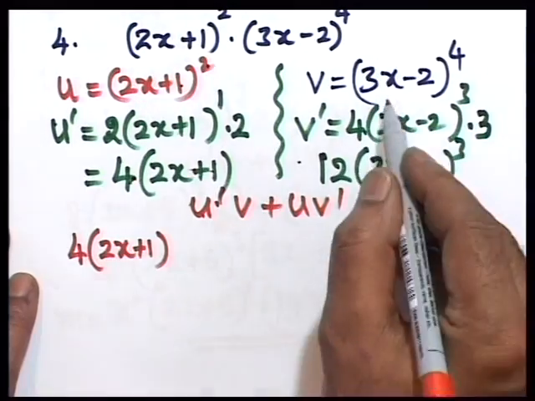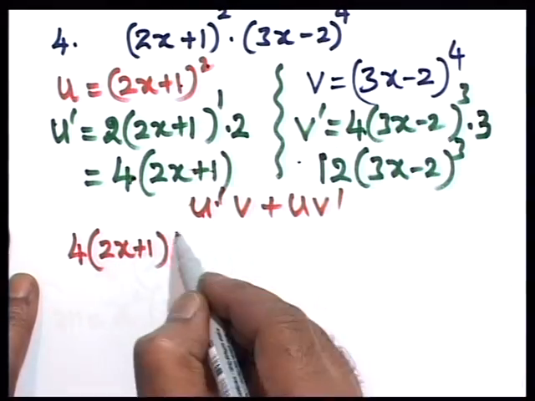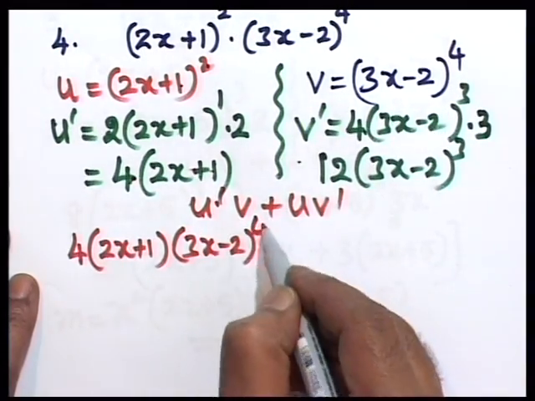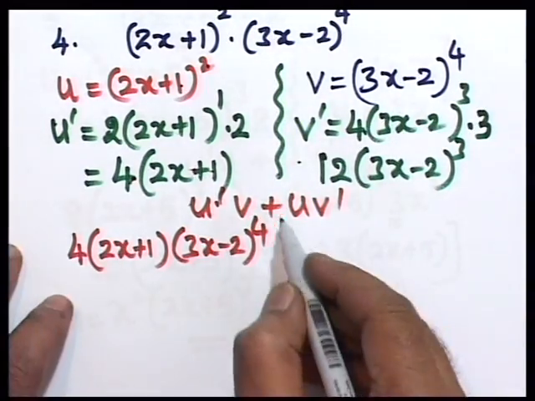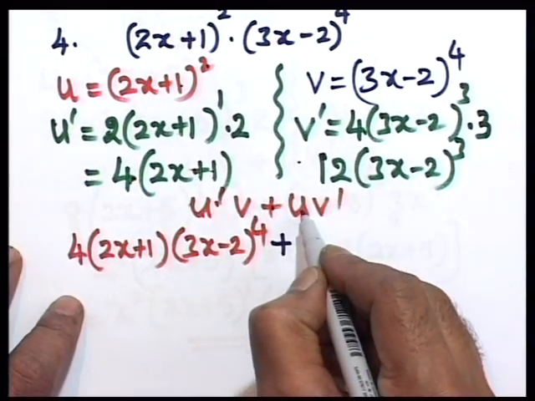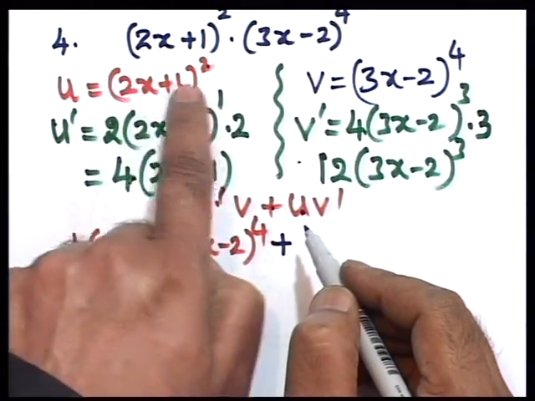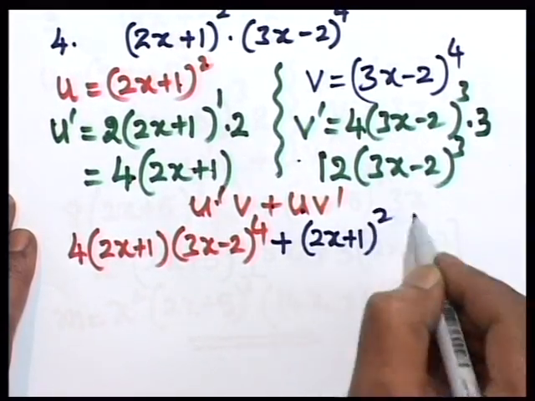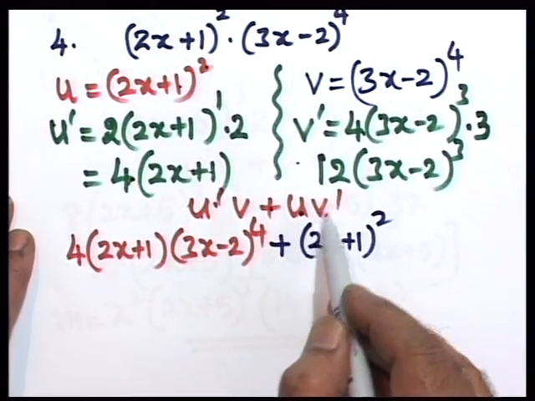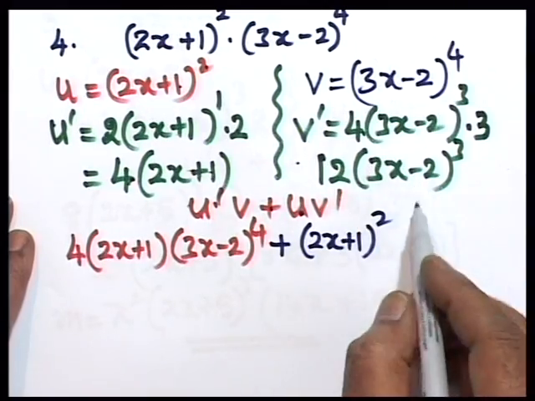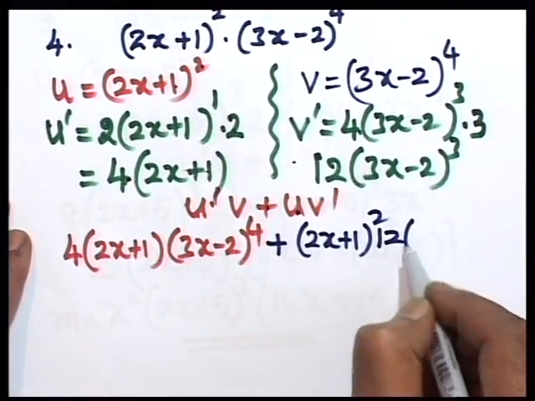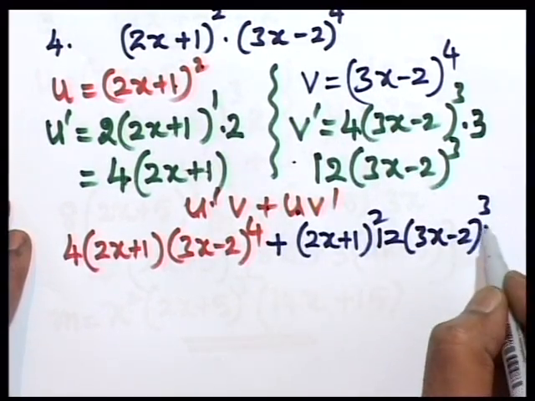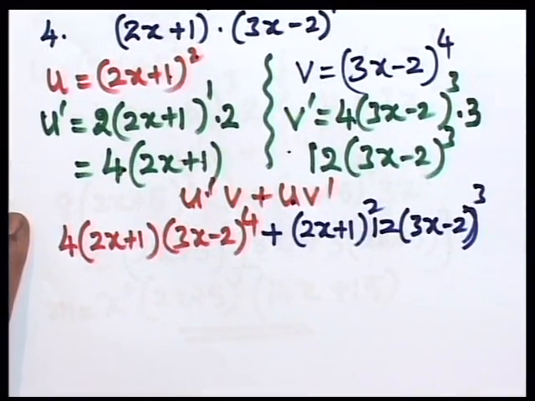Multiply by v, v is there, 3x minus 2 to the power 4, please. Let me change the color here, plus u is that. So it's a 2x plus 1 whole squared. Then it says v dash is this. Okay, so it's a 12 bracket 3x minus 2 whole cubed. Sorry, yeah. So that's what we got.